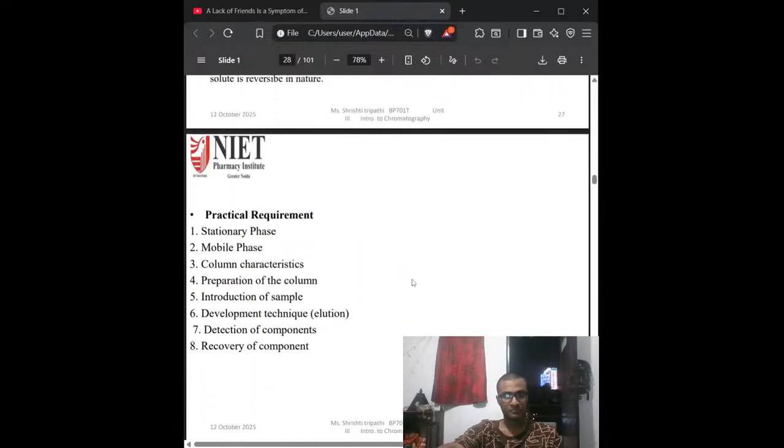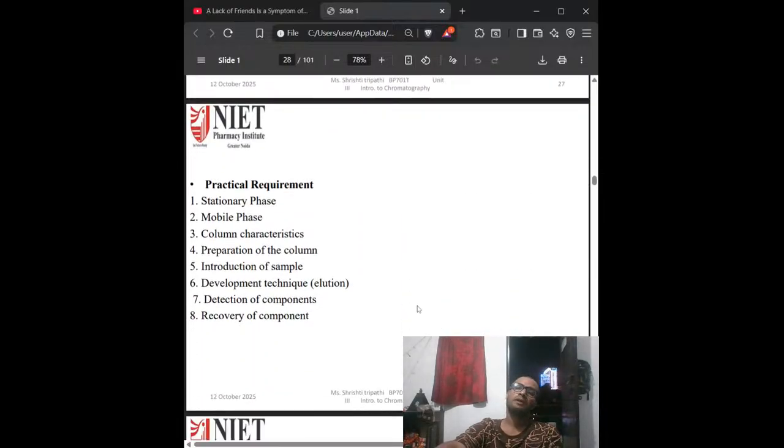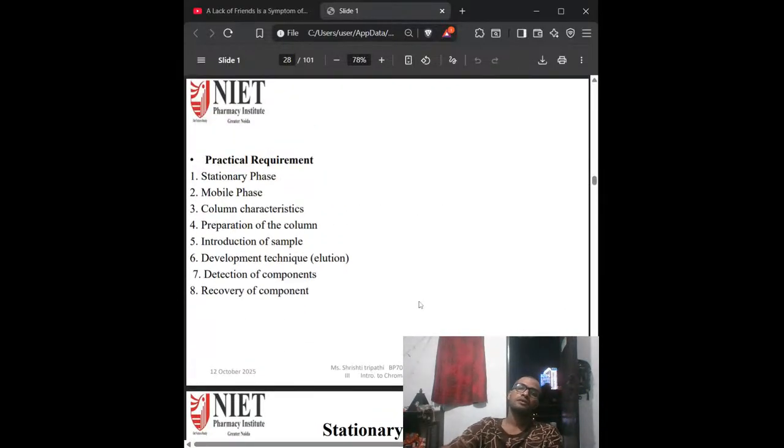Practical requirement. We first need the stationary phase, of course, then the mobile phase, then the column characteristics, preparation of the column, introduction of the sample at a specific rate, development technique, elution, detection of the component, and recovery of the component.